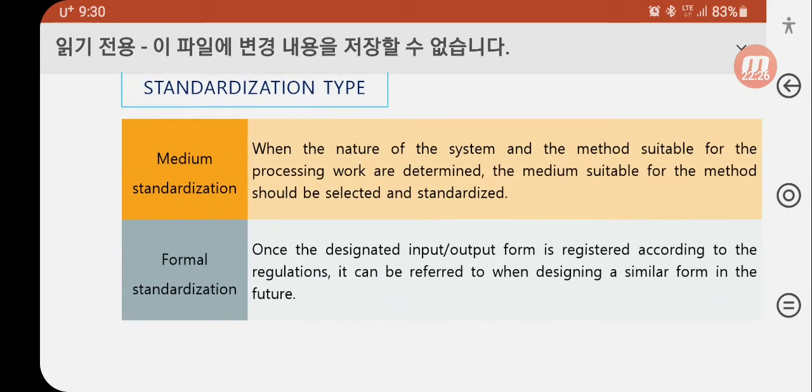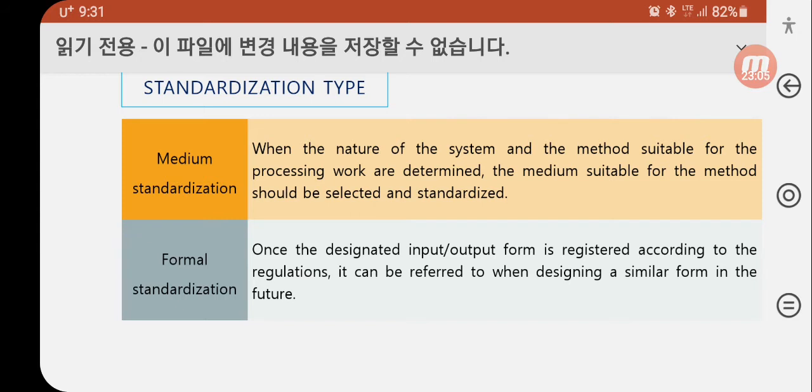When the nature of the system and the method suitable for the processing work are determined, the medium suitable for the method should be selected and standardized. Amount of output information, output time, purpose of output, consider the cost of printing.